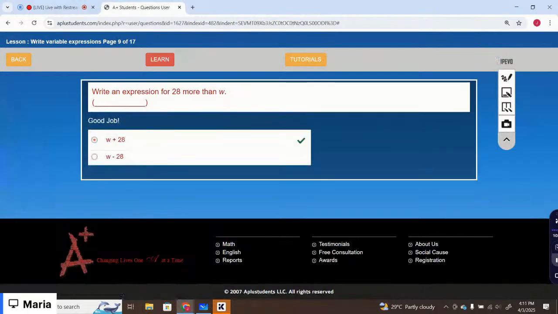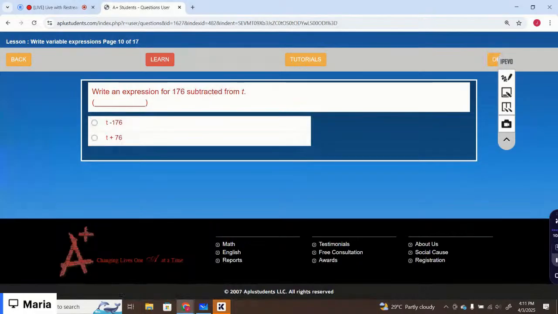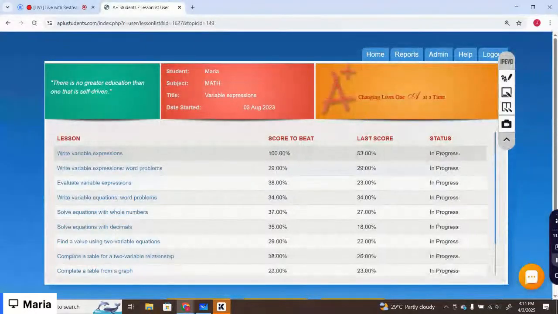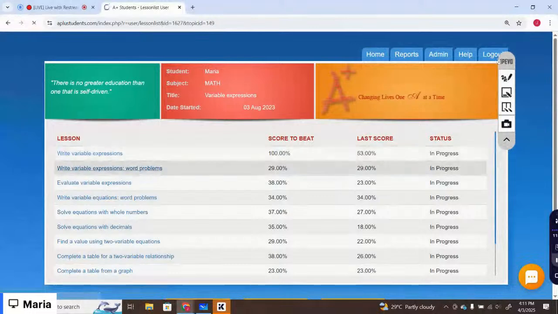Okay, you can complete the lesson by yourself later today. Let me just move to the next lesson. Next lesson is write variable expressions, word problems.